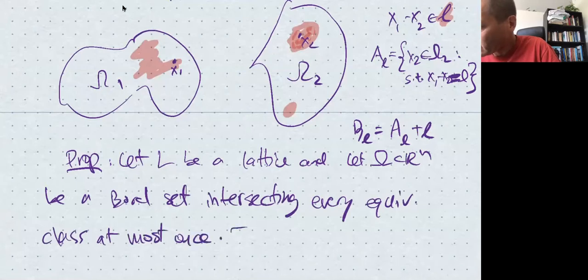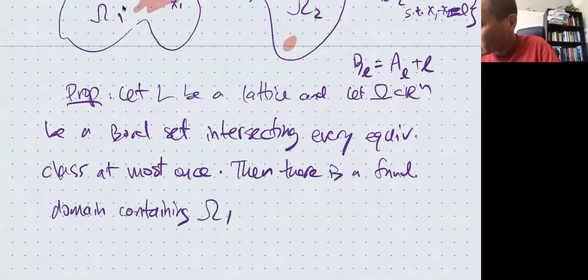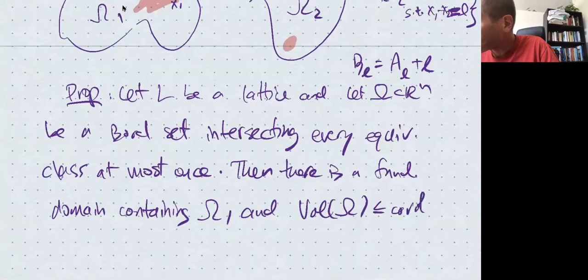Then there's a fundamental domain containing omega, and therefore the volume of omega is less than or equal to the co-volume of L.